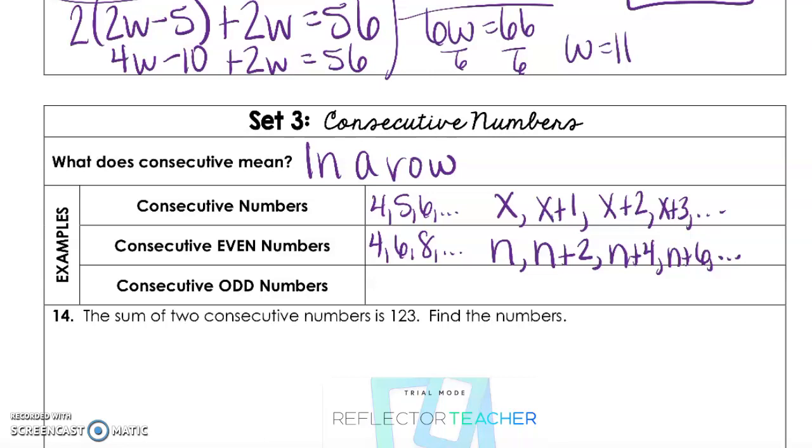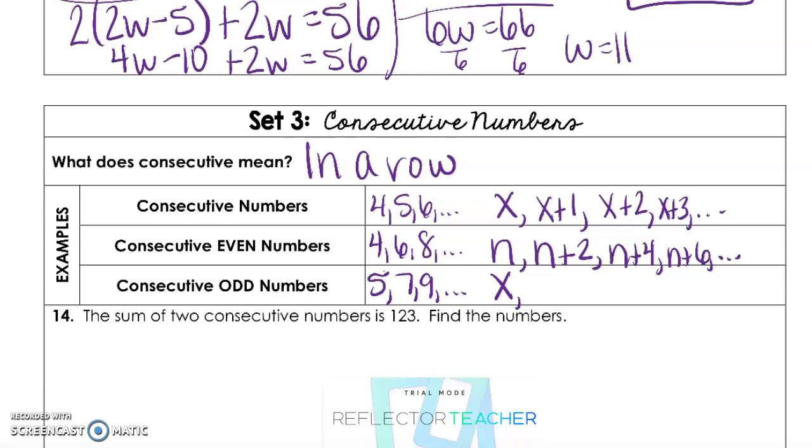Odd numbers is where it gets a little bit trickier, so that would be like starting with 5, 7, 9, so on and so forth. So I'm going to start with x again, so you can again use whichever variable you want. Most people think you need to do plus 1 or plus 3 because those are odd numbers, but you don't.